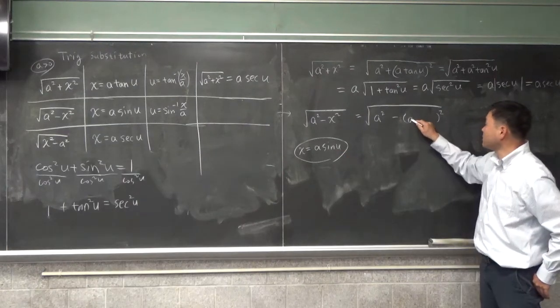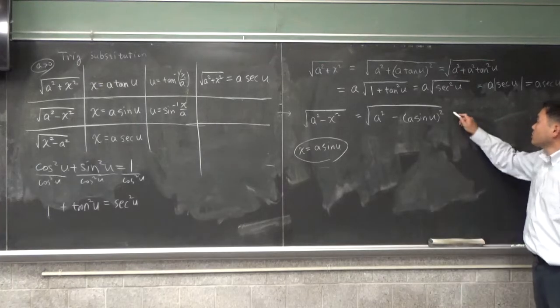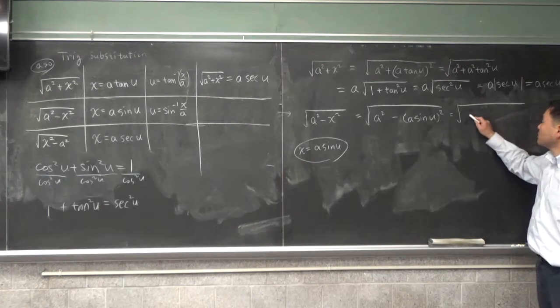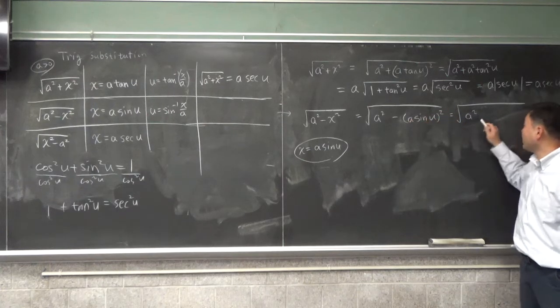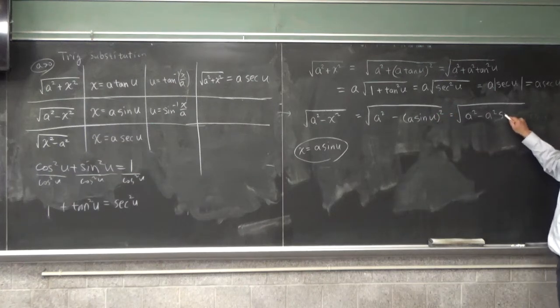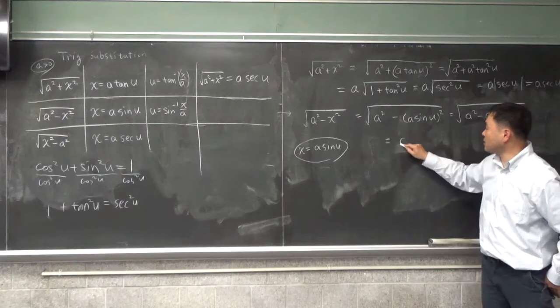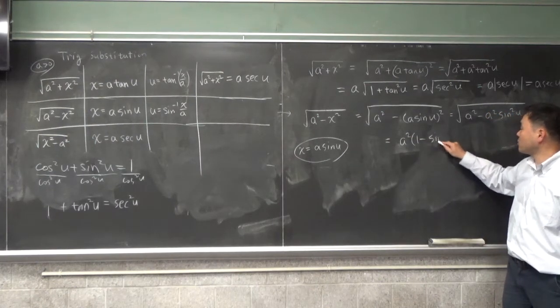That's what it means, right? And then you can simplify this as square the a, square the sine, so that when you factor the a squared out, it will be 1 minus sine squared of u.